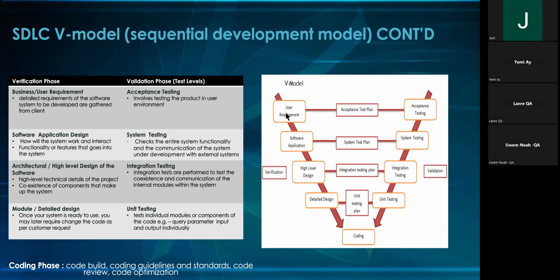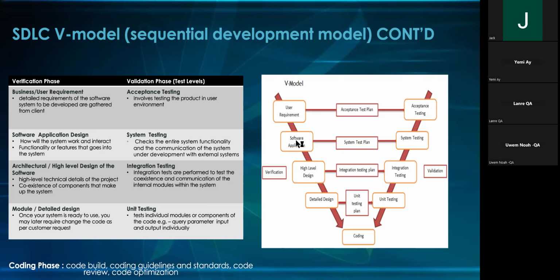What do I mean? When you are doing user requirements, you validate with acceptance testing against it. So at this verification stage, there's a validation. You are verifying, you are validating it, checking whether it's correct.